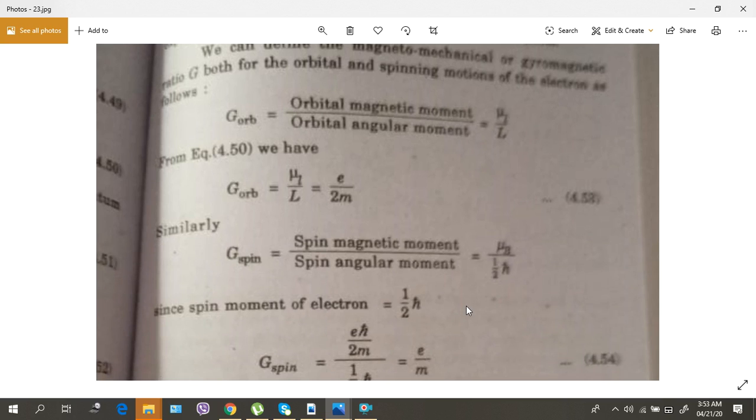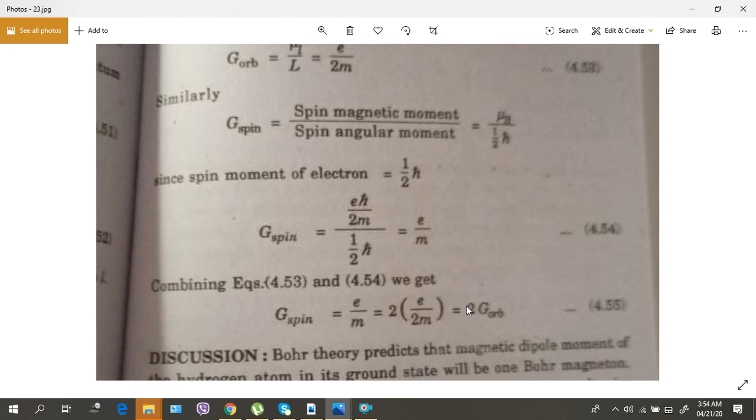Similarly, g spin, that is the spin magnetic moment over the spin angular momentum, is equal to mu B over half h-cut. Since the spin angular momentum of the electron is half h-cut, and mu B is e h-cut over 2m, we get g spin equal to e over m. So combining equations 4.53 and 4.54, g spin is equal to e over m, that is 2e over 2m. So it means that g spin is equal to 2 g orbital.